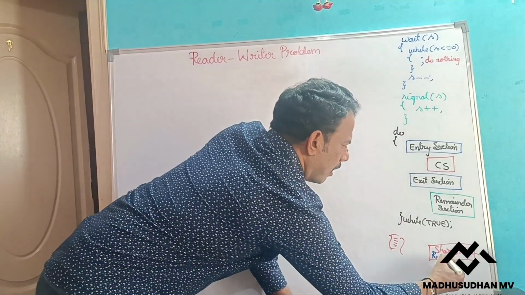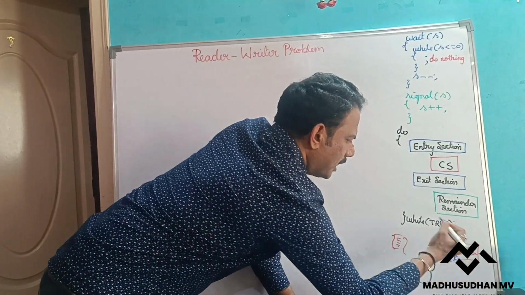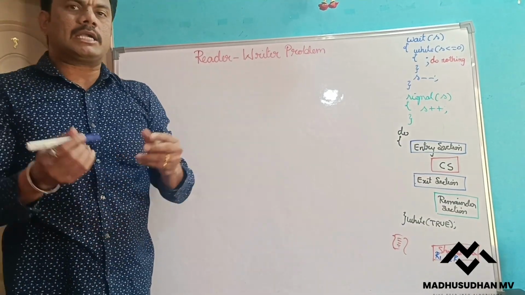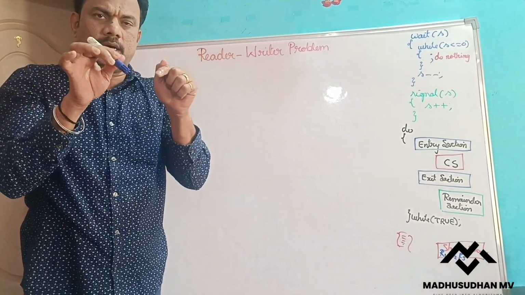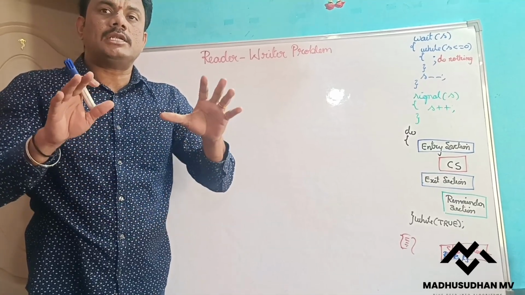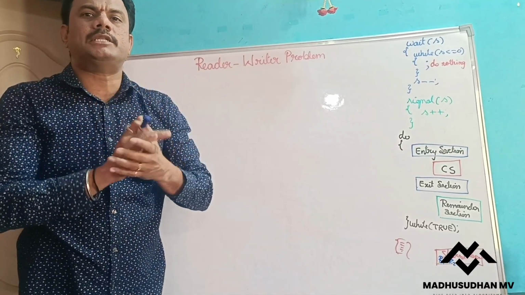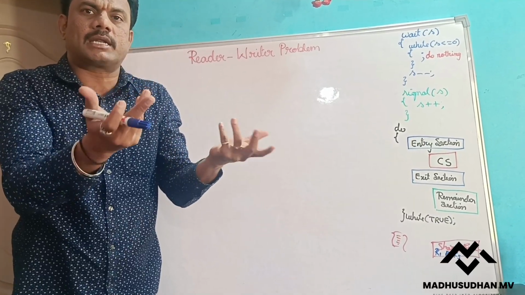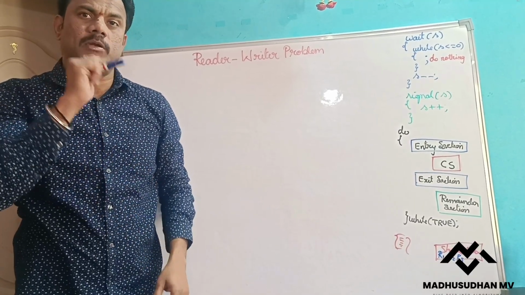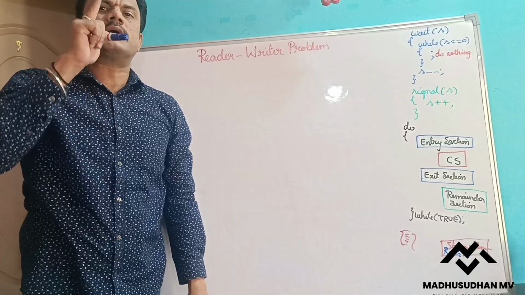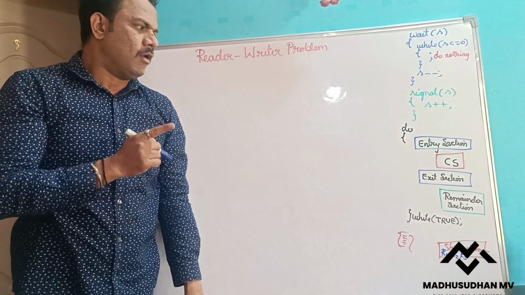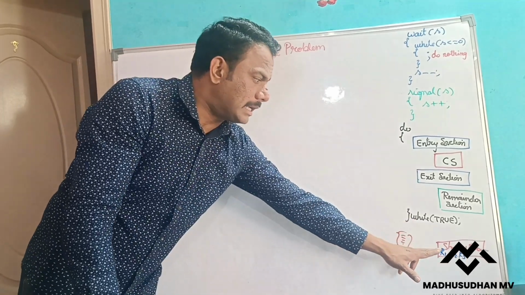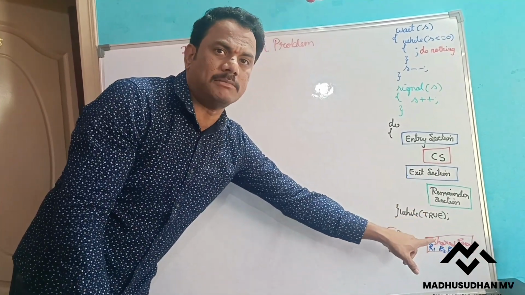We can allow multiple readers to read the data concurrently. What is the advantage? They can complete their operations easily, so throughput increases and the degree of concurrency is high.